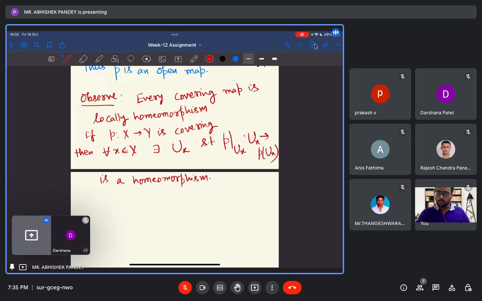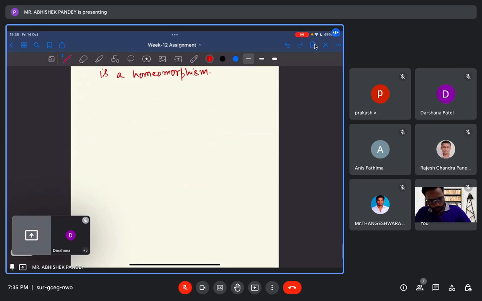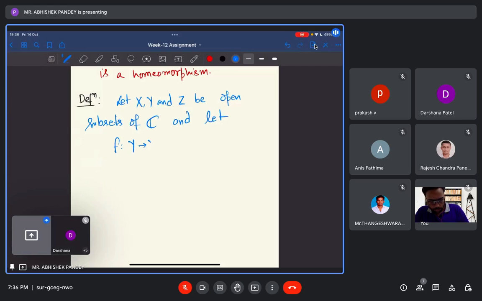Now we will talk about something we call lifting. So the definition is: let X, Y, and Z be open subsets of C, and let f from Y to X and g from Z to X be continuous maps.